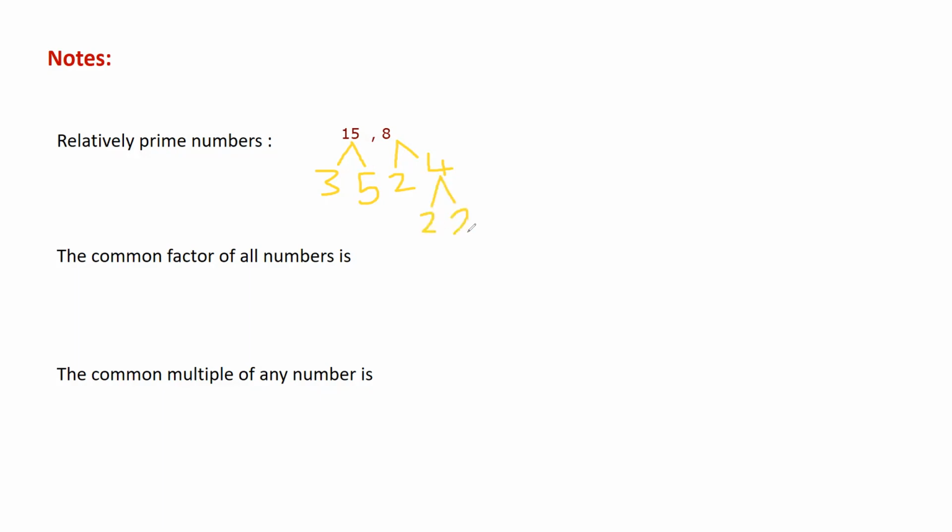Now, can you put them below each other? 15 equals 3 times 5. What about 8? It equals 2 times 2 times 2. So 2 can be below the 3, and I'm not going to put it below the 5. So go ahead and put 2 times 2 times 2.